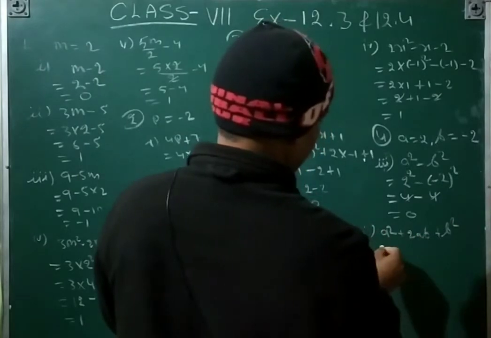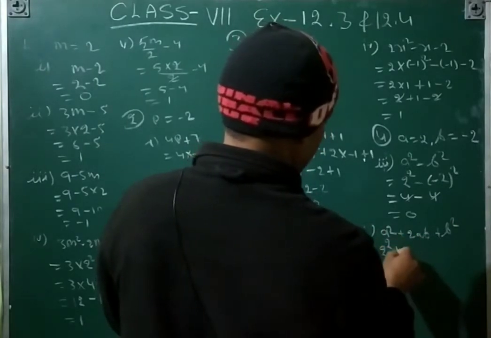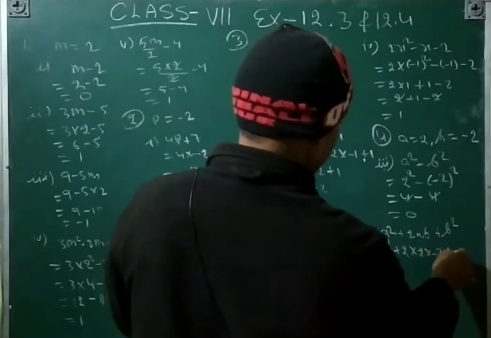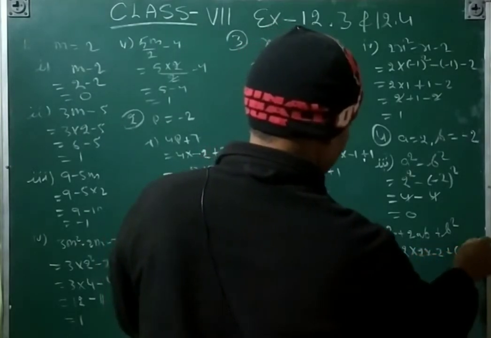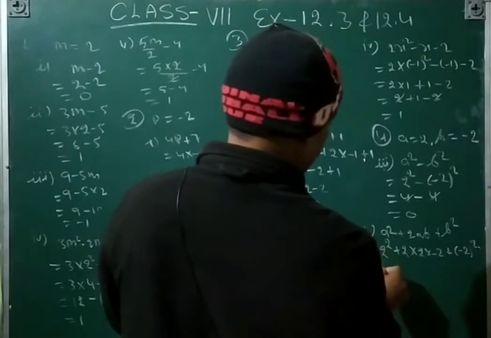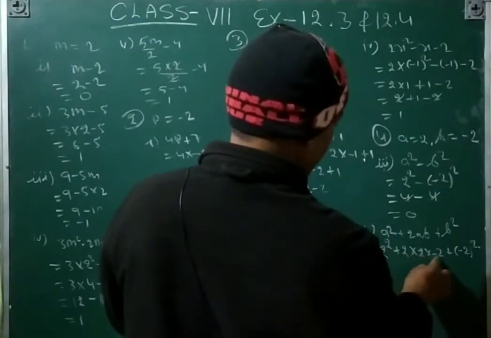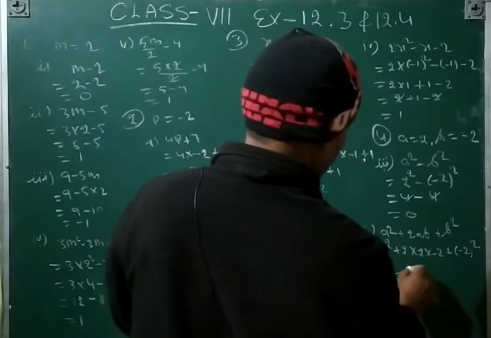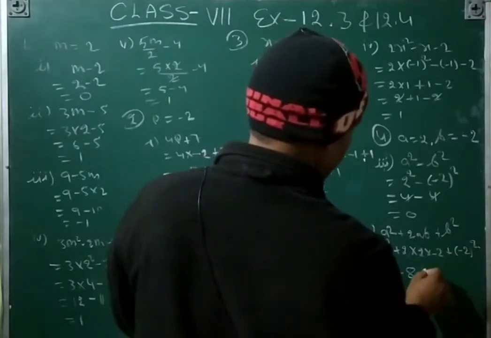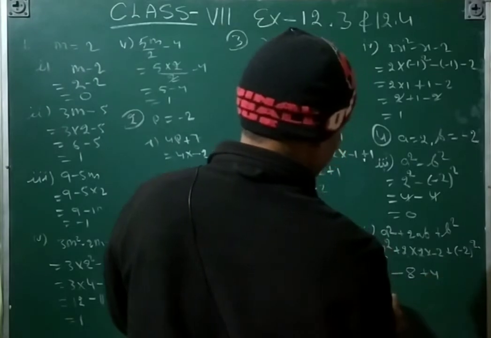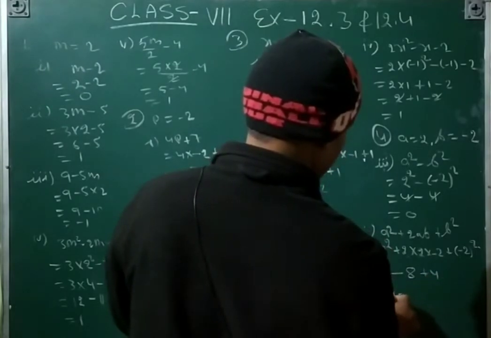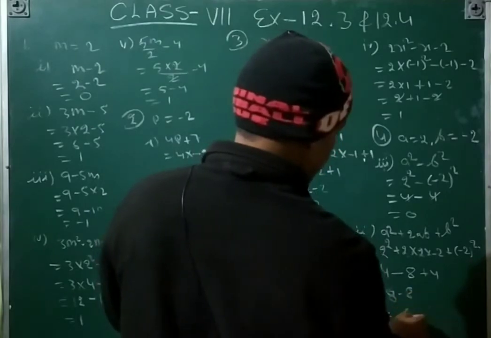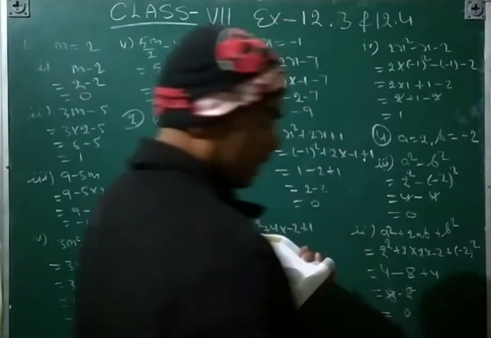So a square is 2 square plus 2 into 2 into minus 2 plus minus 2 square. So 2 twos are 4, only one time is minus in this series, so minus 2 fours are 8, and that is plus 4. So 8 minus 8 is equal to 0, both are cancelled.